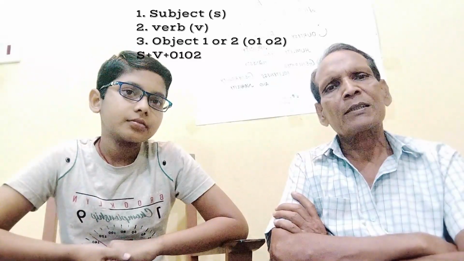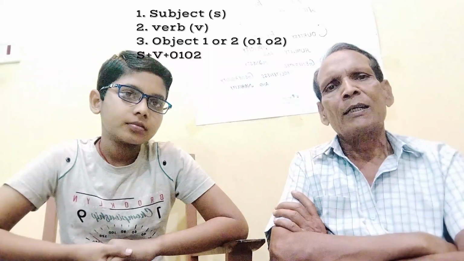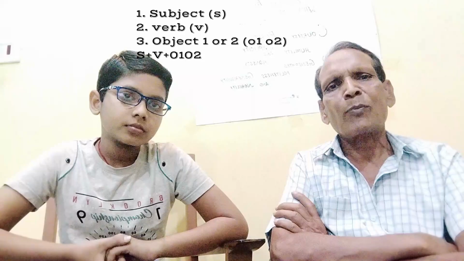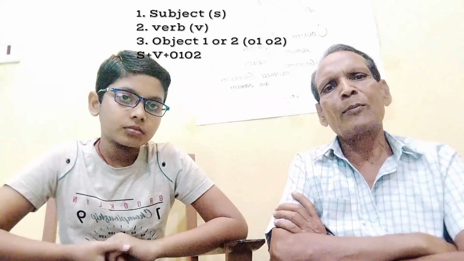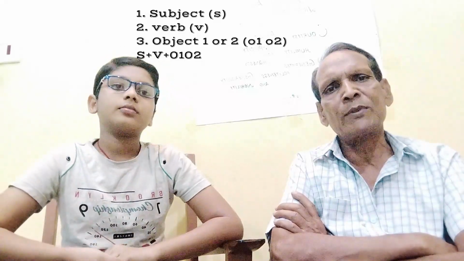That is what we say in a scientific rule, S plus V plus O1, O2. That is subject plus verb plus object 1, object 2. Now, with this, let us just analyze the different rules of passive voice.